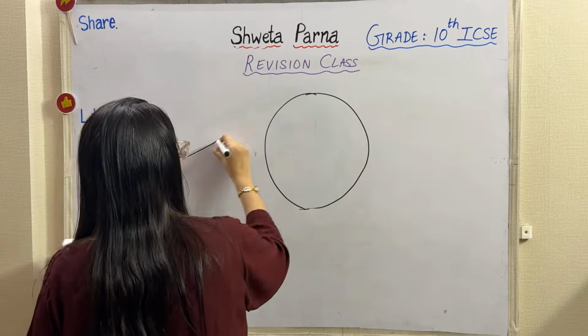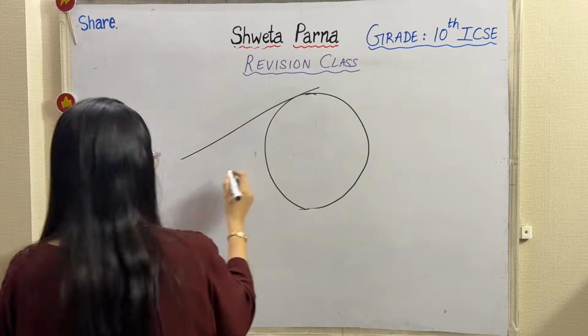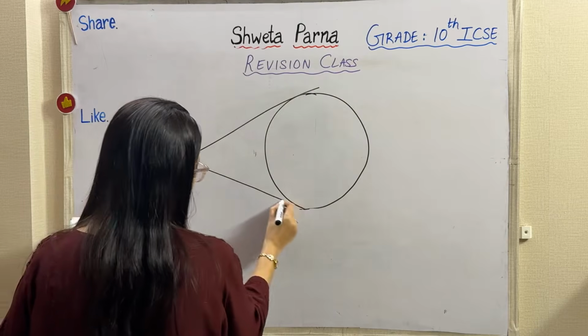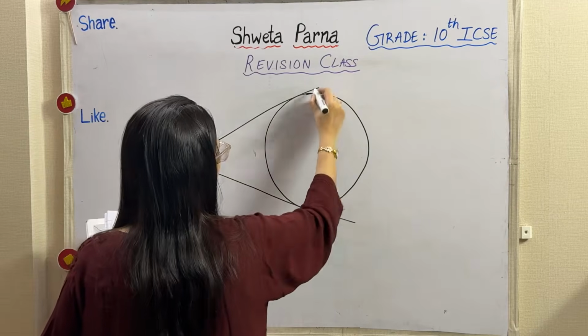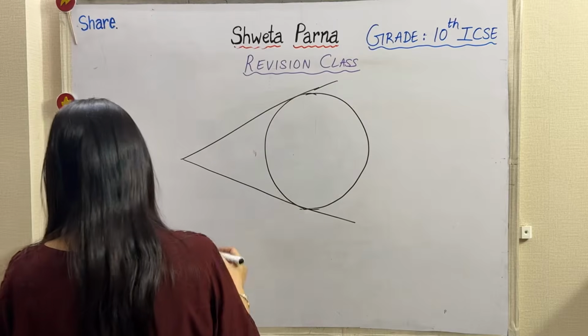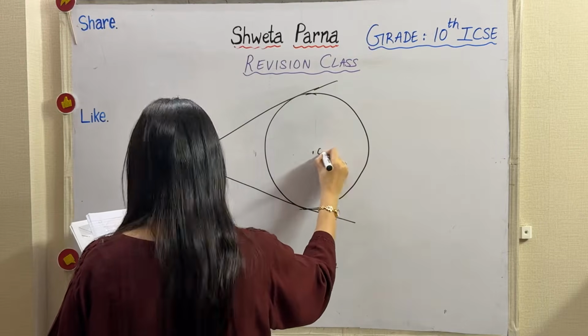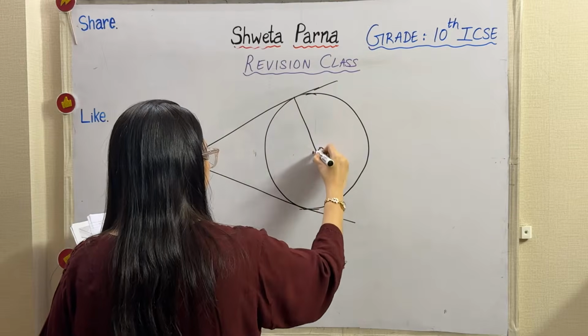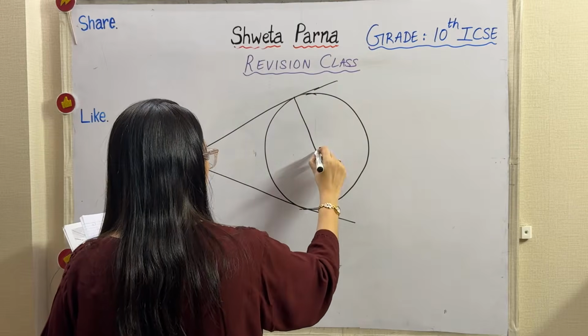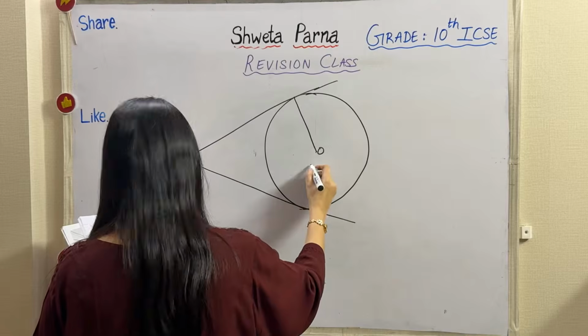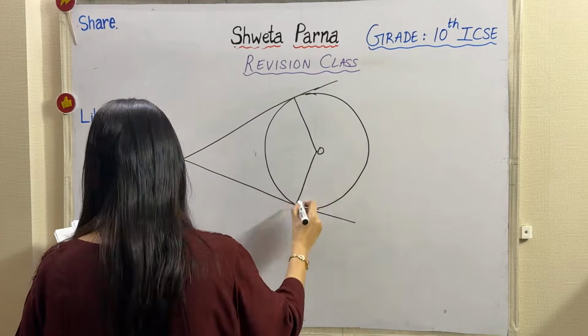There are two tangents to this circle. Then there is a center O. This is joining the center like this over here, O. This is joining here.